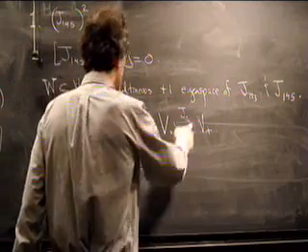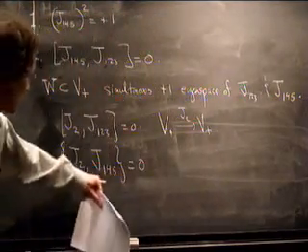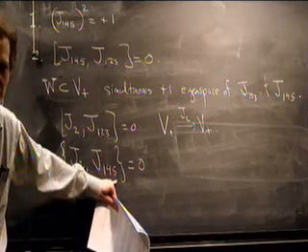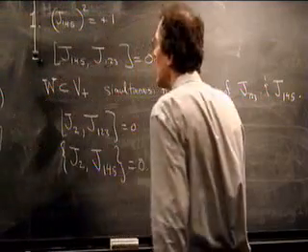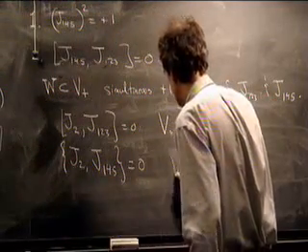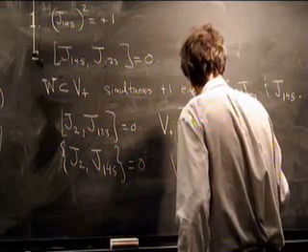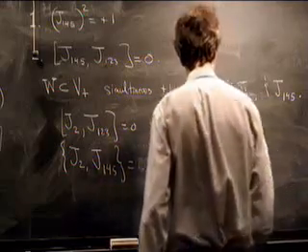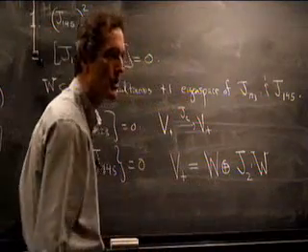So J2 takes V plus to V plus, but clearly it's going to take the plus 1 eigenspace of J1,4,5 to the minus 1 eigenspace of J1,4,5. Okay, so that means that with these guys, we have a decomposition of V plus equals W direct sum J2 dot W. In particular, these spaces are isomorphic and orthogonal.